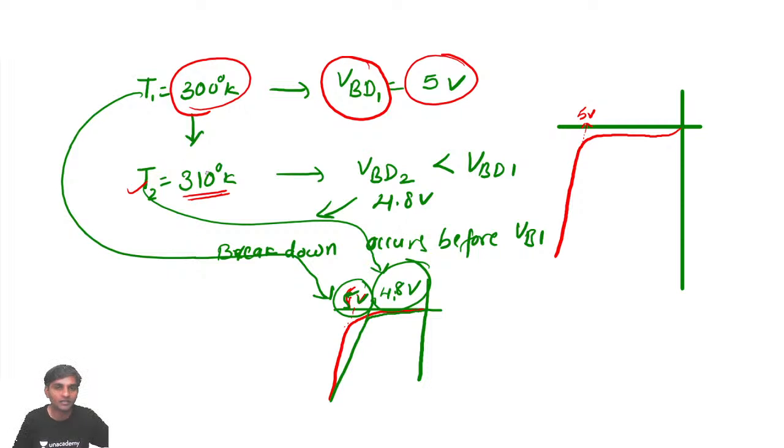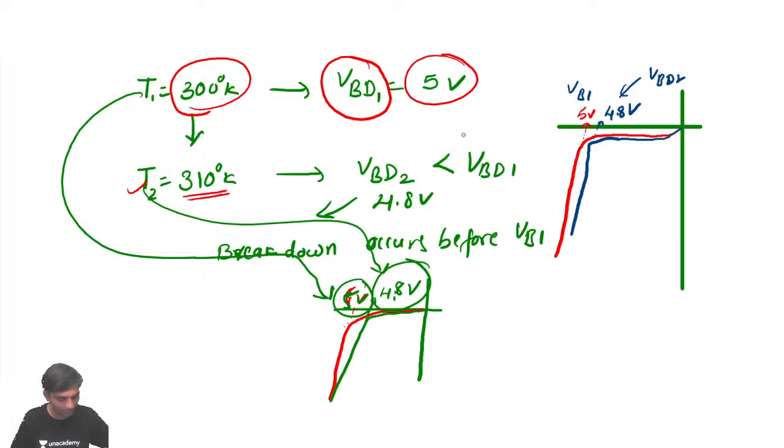I am increasing it by 10 degrees. Now the breakdown is occurring before that. The new breakdown will not happen at 5 volts, but at 4.8 volts only. You don't need 5 volts to make this breakdown. This is going to be VBD1, and this is going to be VBD2.